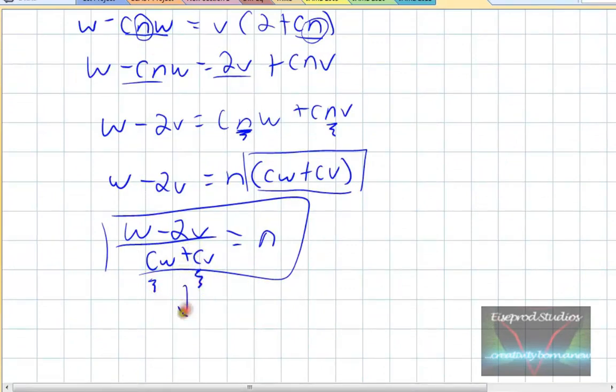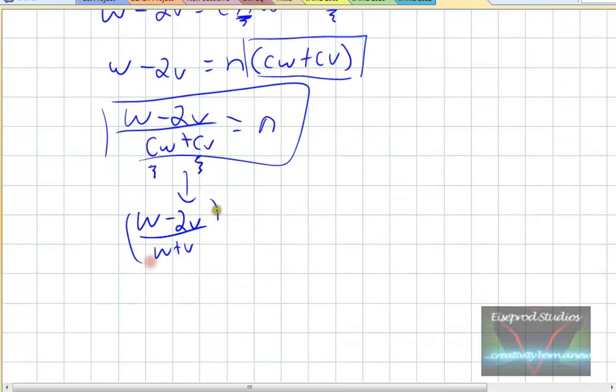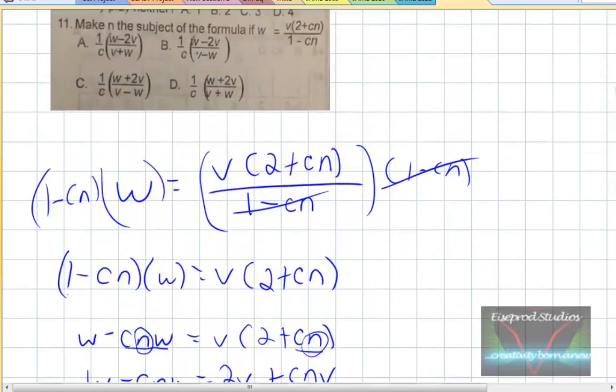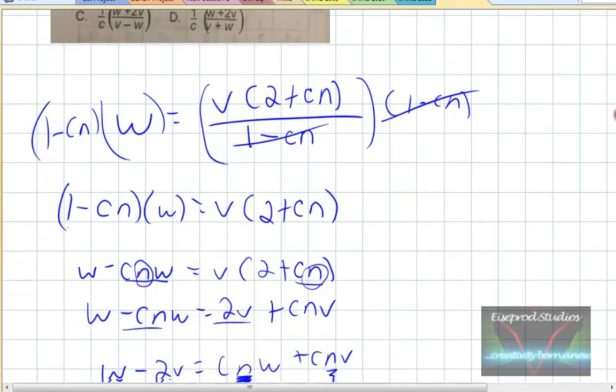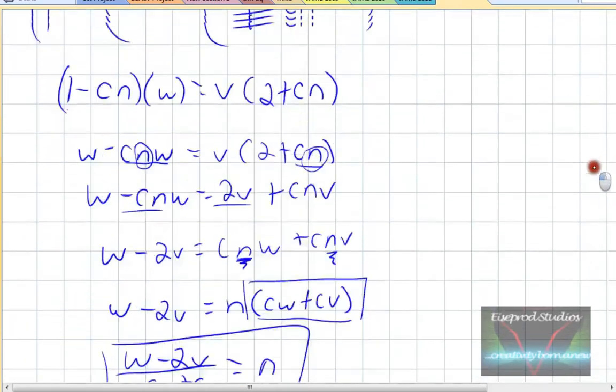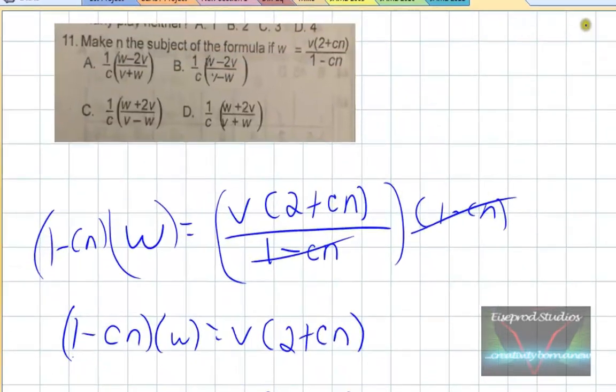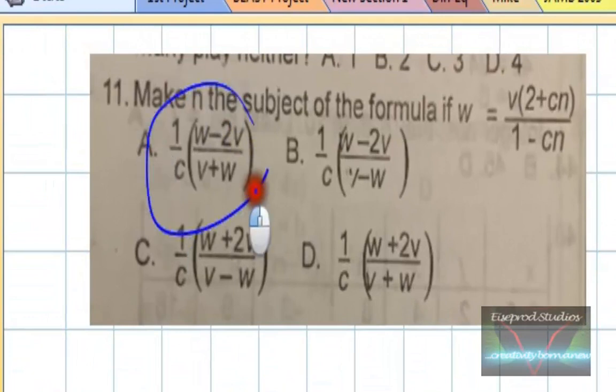So you can simplify this to saying (W minus 2V) over (W plus V) times the quantity 1 over C is equal to N. It's W minus 2V over W plus V. So that looks like this one.